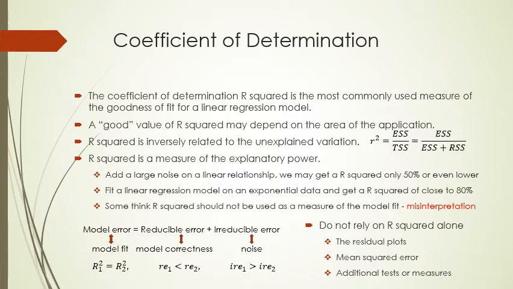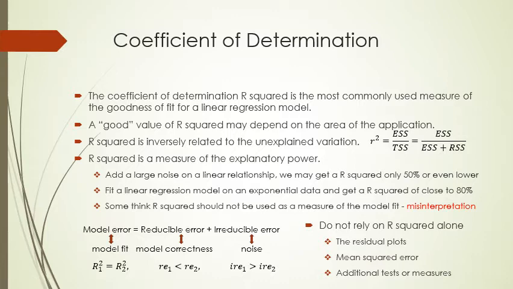On the other hand, if we fit a linear model on data from an exponential distribution, we may get an R² of above 80%. A perfect linear relationship doesn't give us a high R². Instead, a nonlinear relationship gives us a better R². Thus, they think R² should not be used as a measure of the model fit.